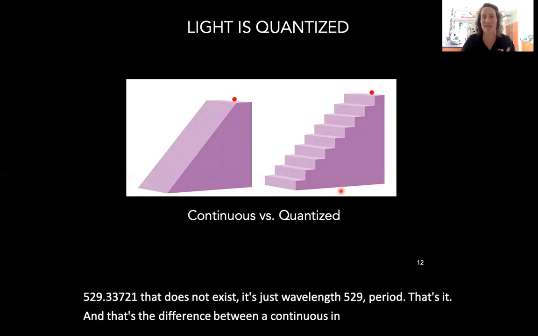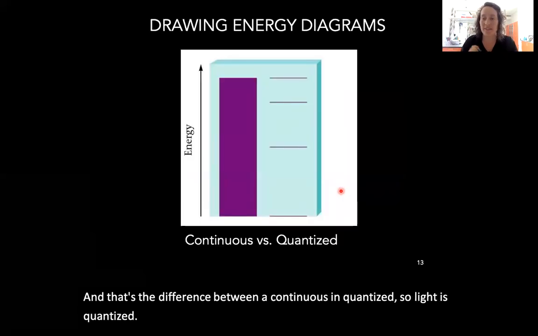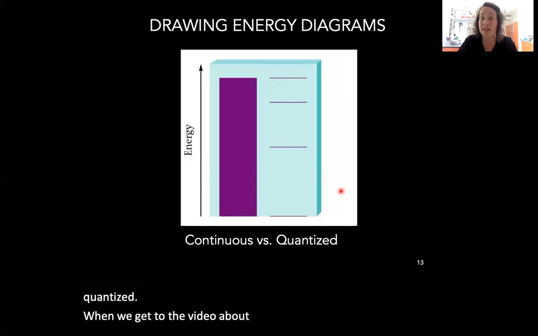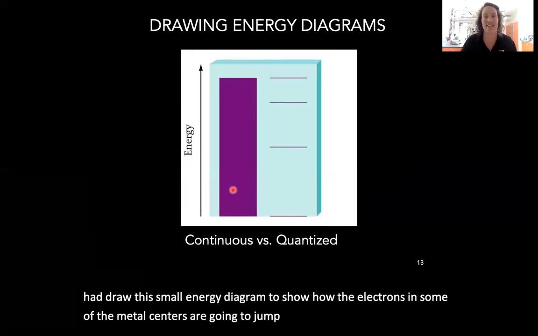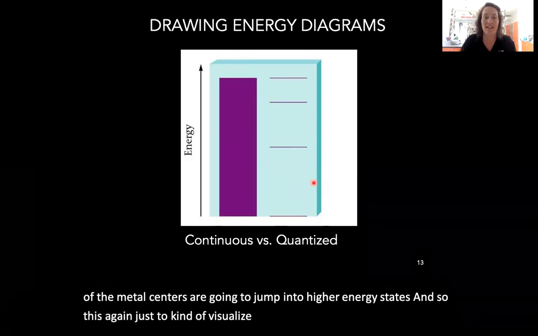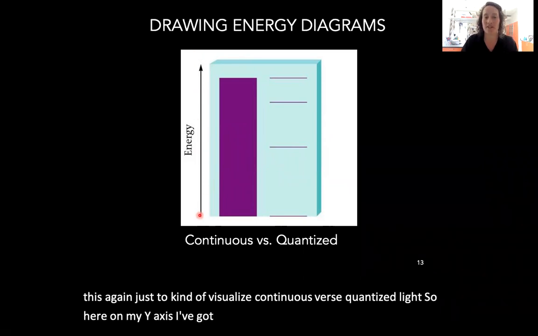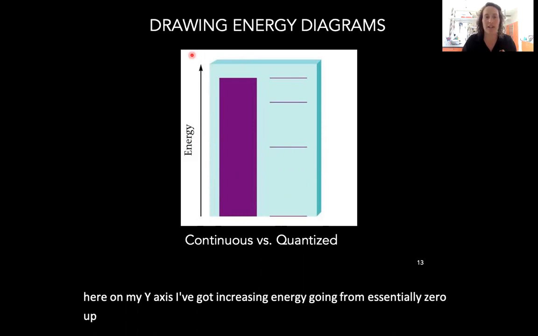So light is quantized. In the video where I explain how fireworks work, I drew a small energy diagram to show how the electrons in some of the metal centers jump into higher energy states. This is just to visualize continuous versus quantized light. On my y-axis, I've got increasing energy going from essentially 0 up to infinity. If energy was continuous, you would just have this big block right here.